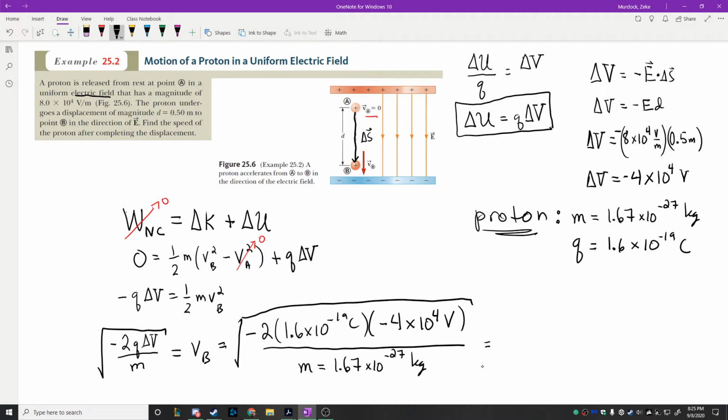What do you get if you put that into your calculator? About 2 times 10 to the 6th? Sounds about right to me.